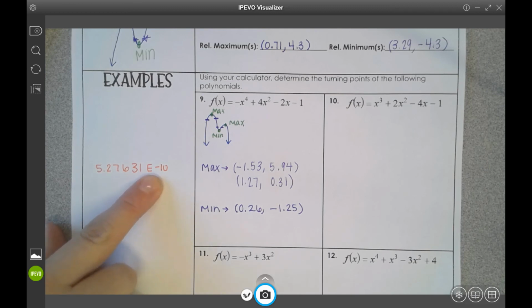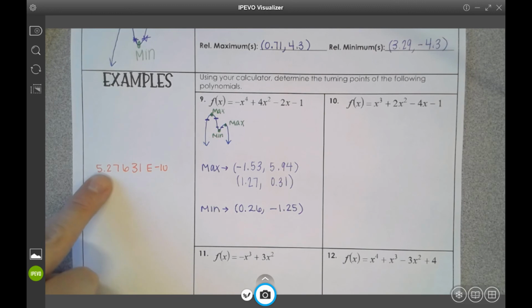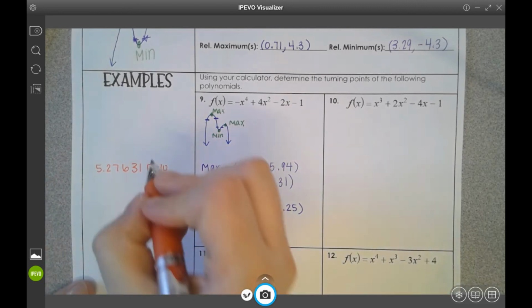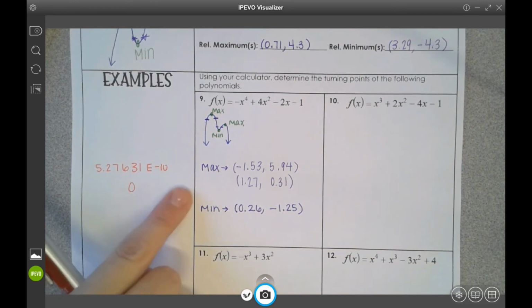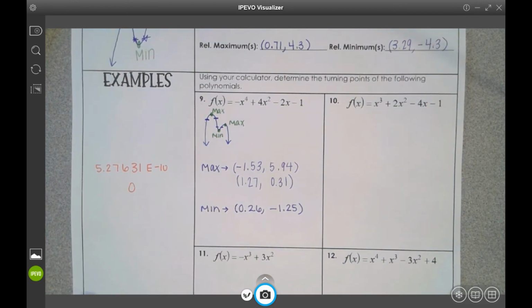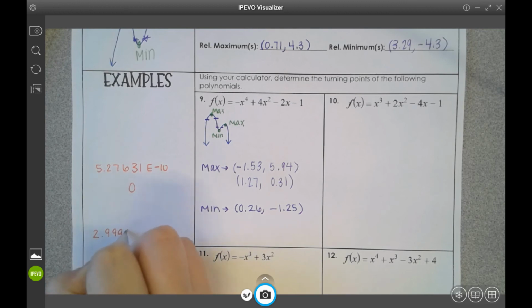But when you have e negative 10, that means you're moving your decimal to the left 10 places, which is essentially 0. So if you see the e at the end, it's just 0. Now, if you see something like 2.99999, just put 3. Okay. Don't put 2.9. Just round it a little bit for you.